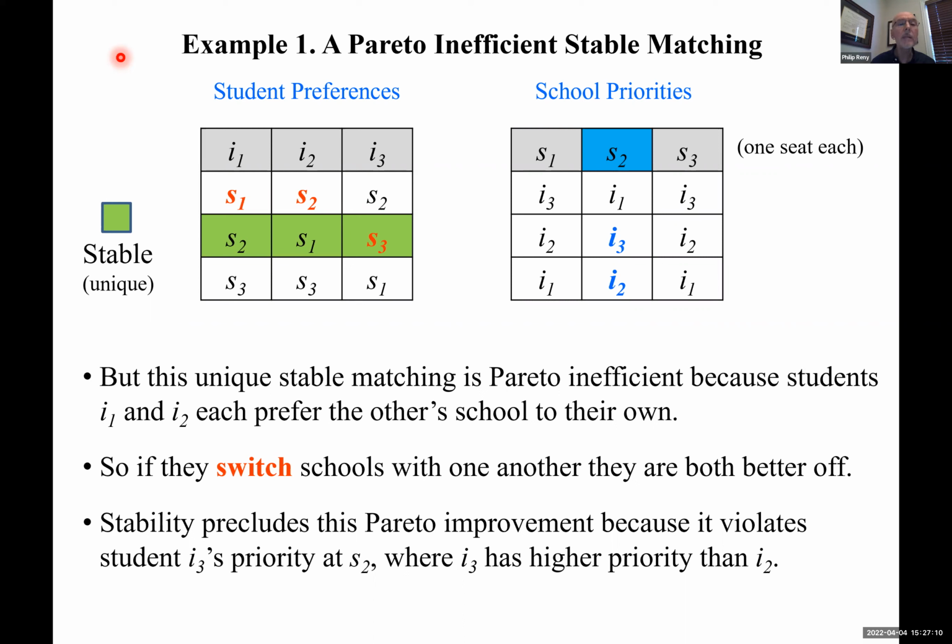I want there to be at least as many seats as students. So maybe that's also your example. And then I'm going to say I disagree. I think I have an example with 3 schools and 3 students, but let's do it after. We'll come to a theorem in a moment, and when I come to that, we'll talk again. Okay, very good. Thank you.